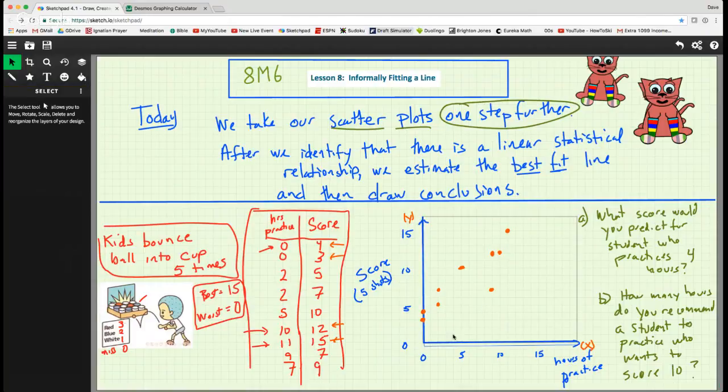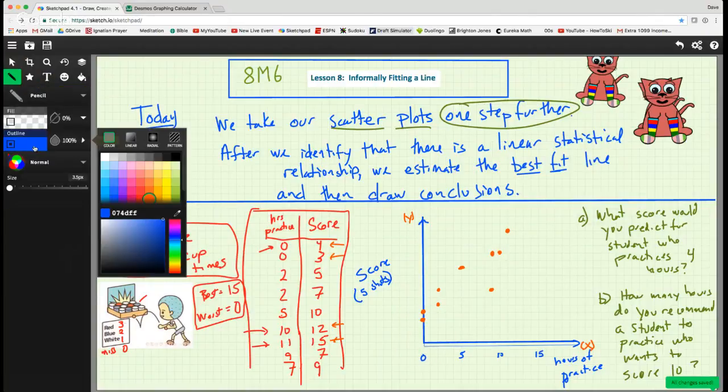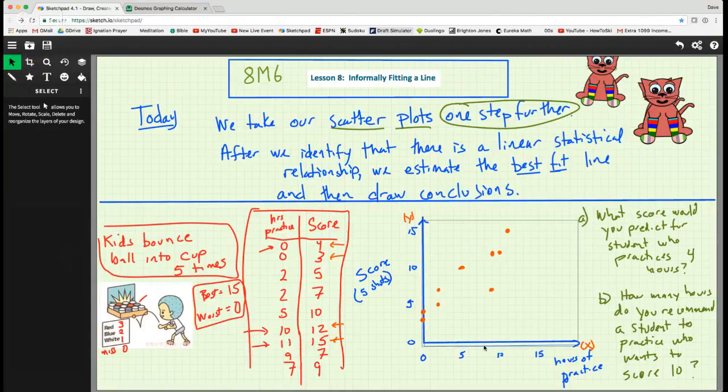Let me just make sure I got the exact right thing here. 0, 1, 2, 3, 4, 5, 6, 7, 8, 9, 10, 11, 12, 13, 14, 15. And then 5, 6, 7, 8, 9. Okay, so now we're right.